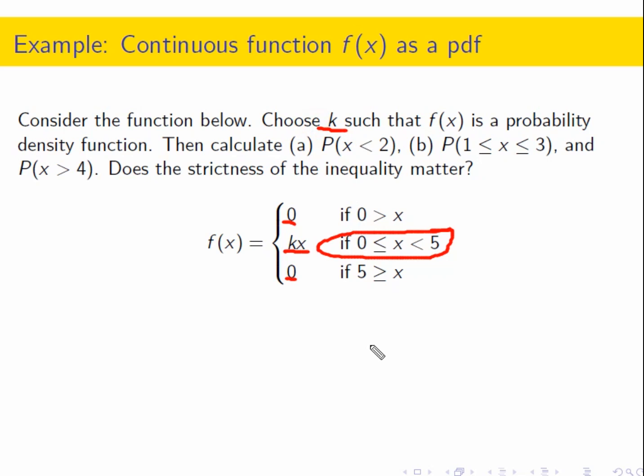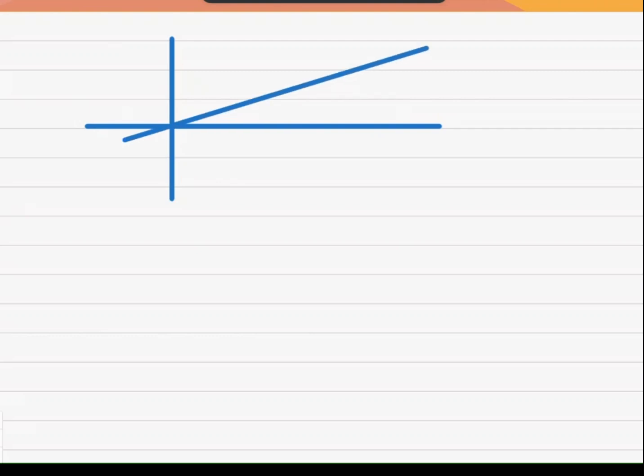So let's go. Right, and so we have a function that looks like this, and somewhere out here is x equals 5.